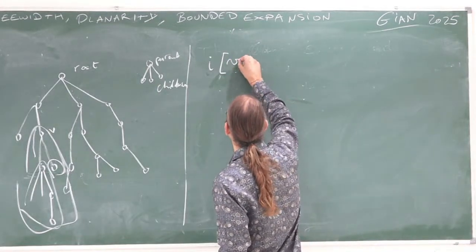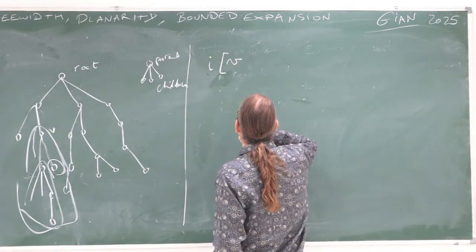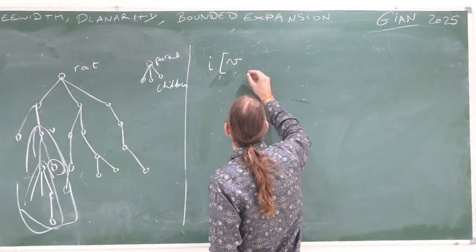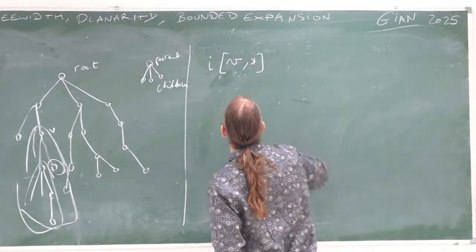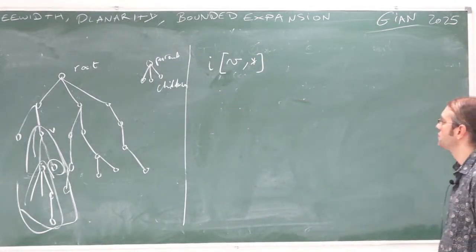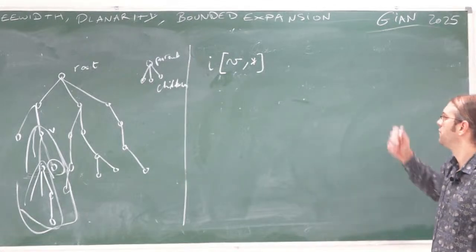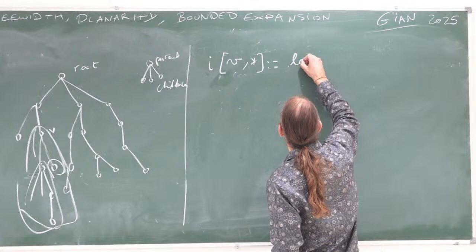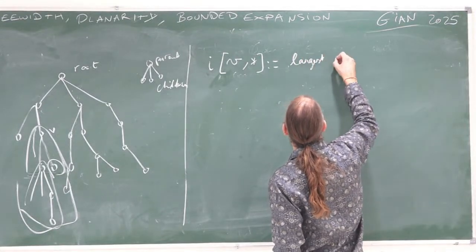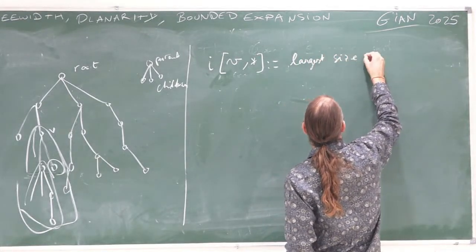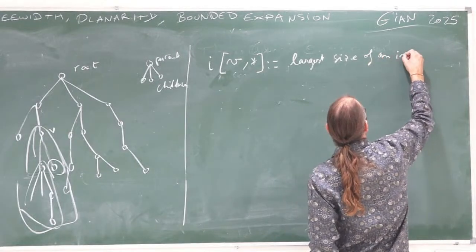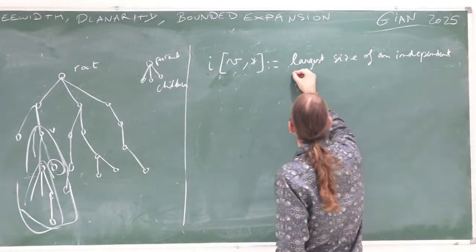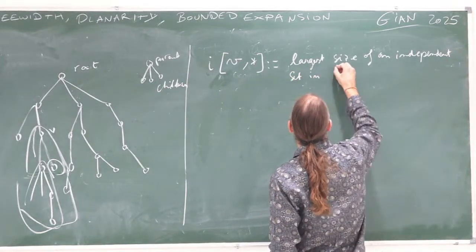So if you take a vertex of your tree, let's make this V star. So star, I'm putting star, it means kind of unrestricted. What is this? This is the largest size of an independent set in TV.